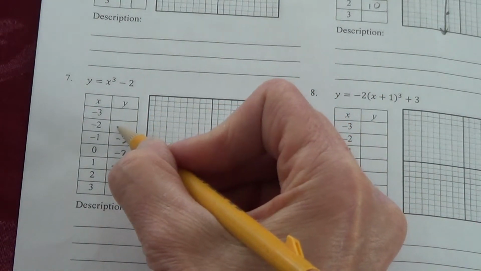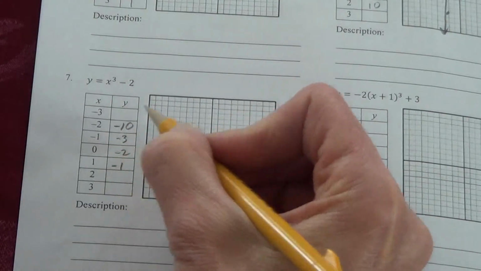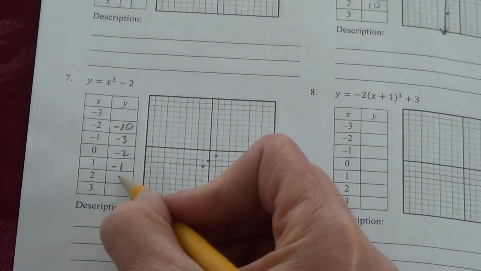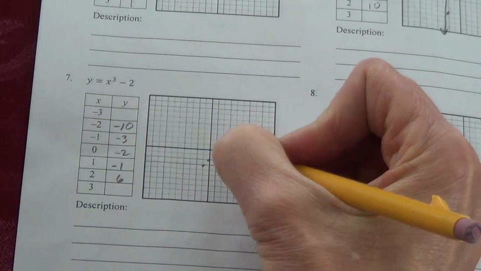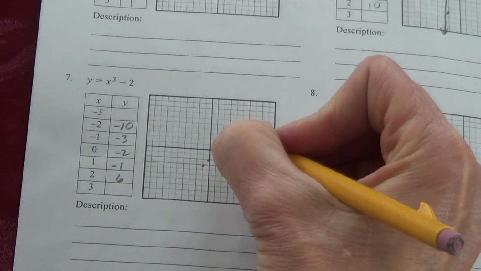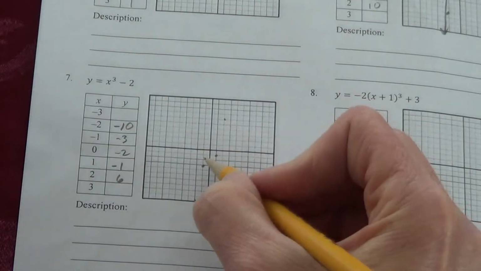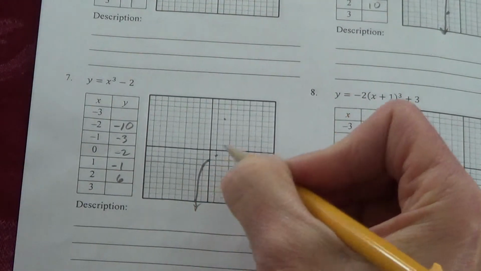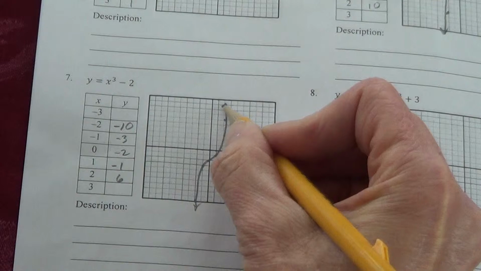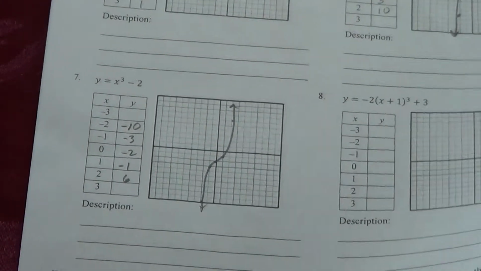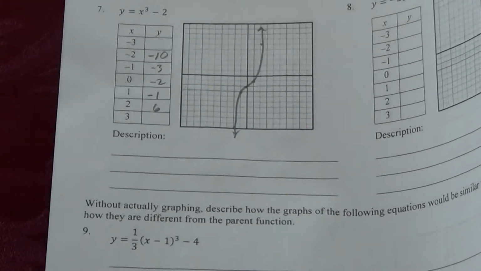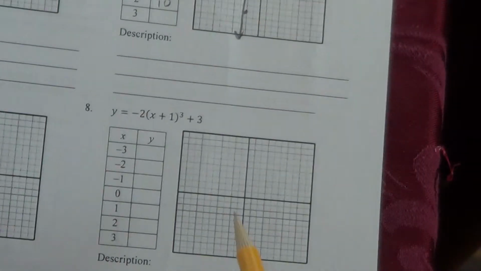Negative 8 minus 2 is negative 10. 8 minus 2 is 6. So there's our graph for that.